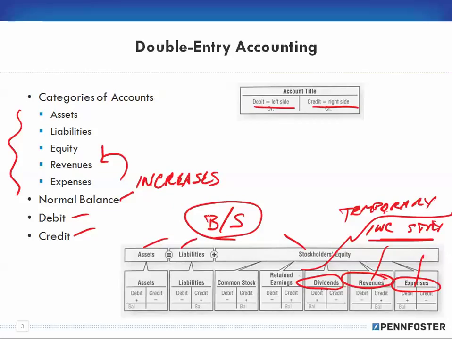So the balances in those accounts reflect the balances from the start of the business, whether it's 1 week, 1 month, 1 year, 10 years, 100 years. Even in Penn Foster's case, where we started 125 years ago, the balance in our cash account shows the balance as of today, starting from 125 years ago.